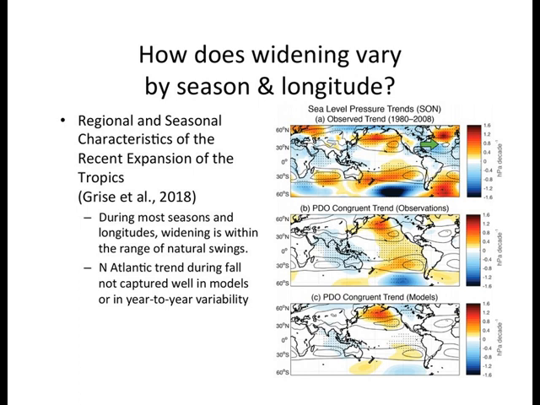So in most other longitudes and during most other seasons, the widening seen in observations is within the range of natural swings in models. So this is longitude by longitude. But models don't seem to capture the North Atlantic shift in year-to-year variability or in the forced response.